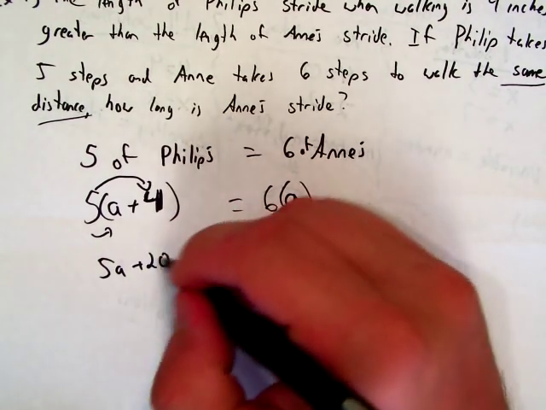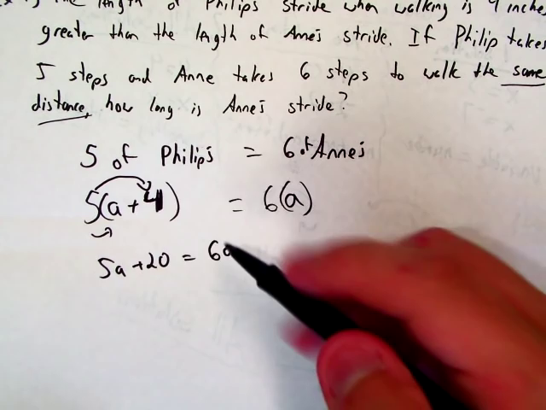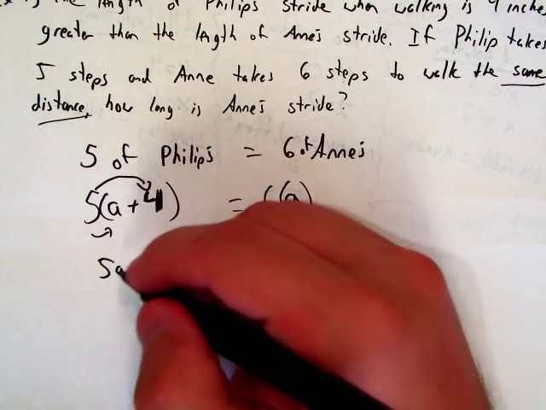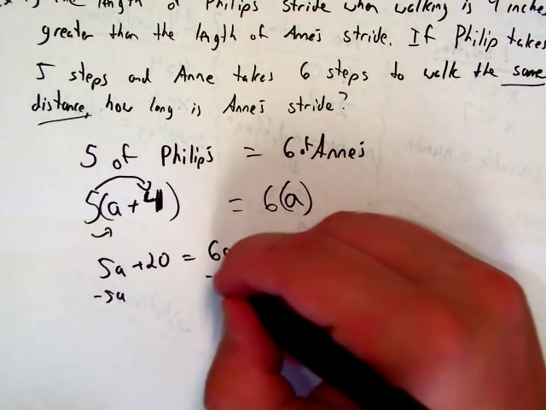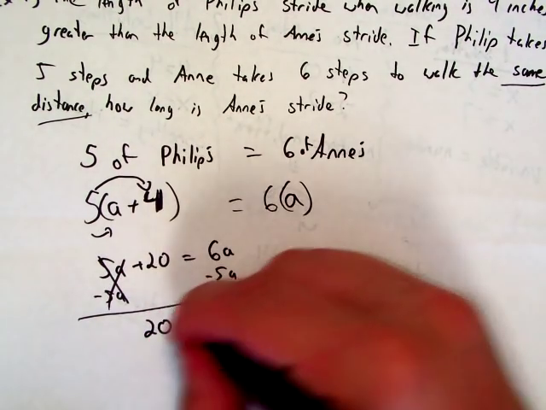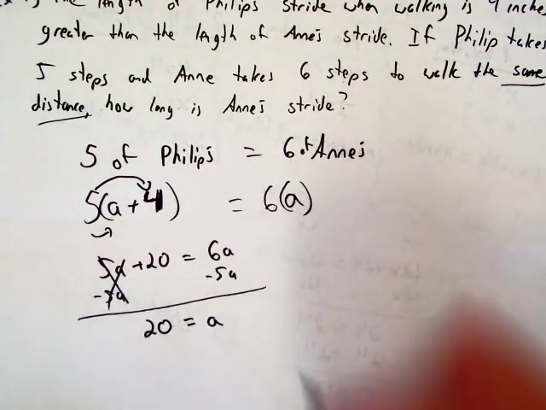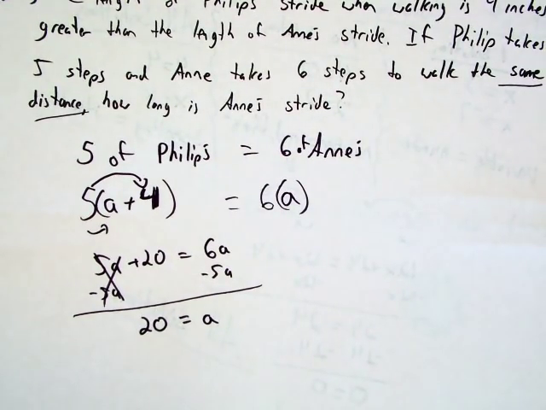I now have variables on both sides. My process was I want all the variables on the same side. So in order to get rid of it over here, I have to subtract 5A. Creates a 0 pair. I'm left with 20. 6A minus 5A is just A. And that's what I want.